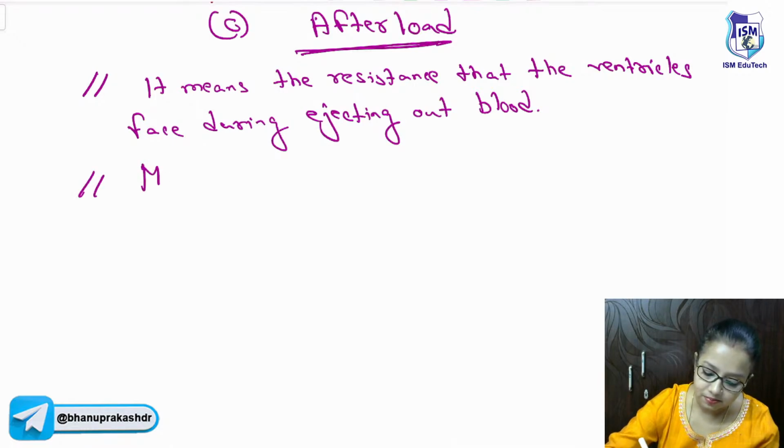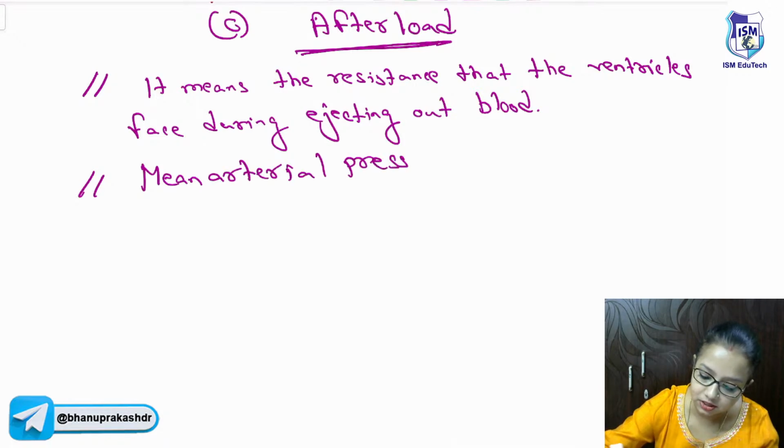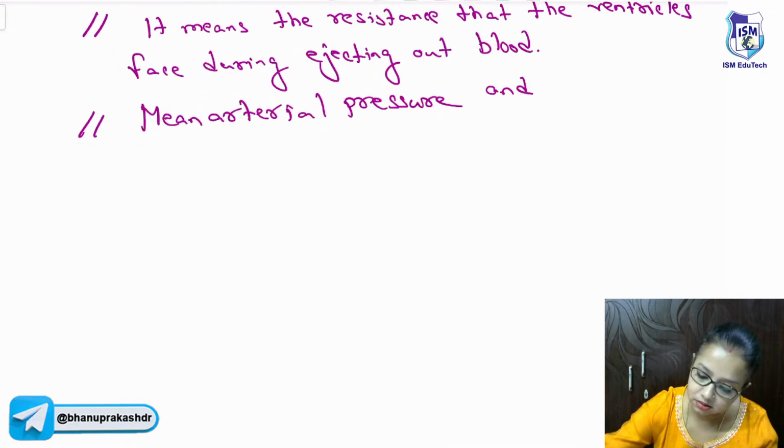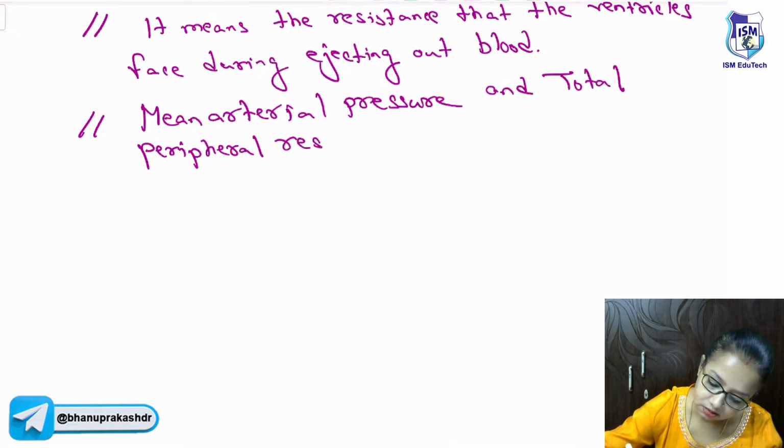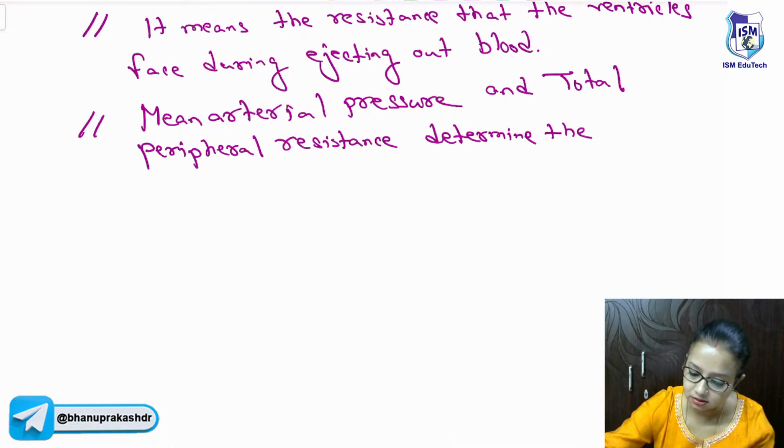So the mean arterial pressure and total peripheral resistance determine the afterload.